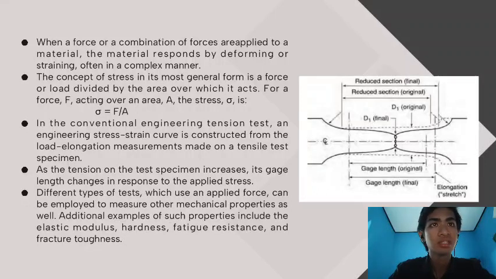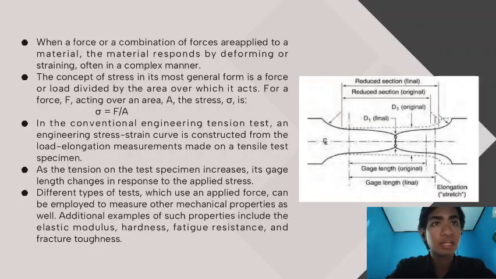The resulting strain depicted in the engineering stress-strain curve is the average or nominal linear strain, which is obtained by dividing the change in the gauge length, also called the elongation, of the specimen by its original length L0: epsilon = delta L / L0 = (L - L0) / L0.